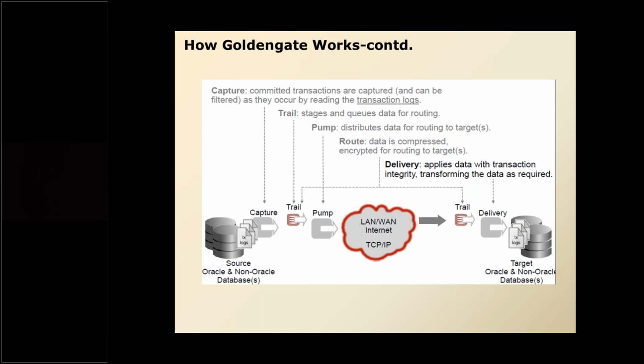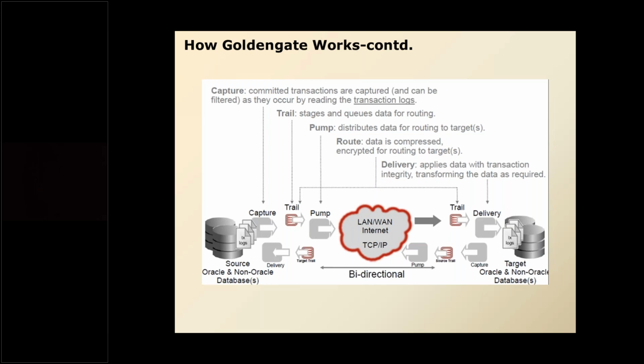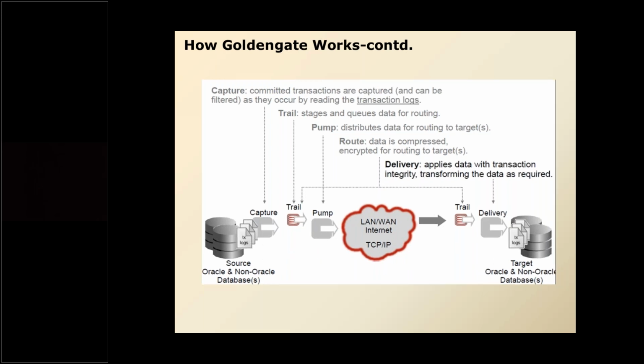So remember, even though each process is independent of each other, for data the pump process is dependent on the capture process. The pump process is reading the data from the local trail. And who is writing data to the local trail? It's the extract process. So for data, the pump process is dependent on the capture process.